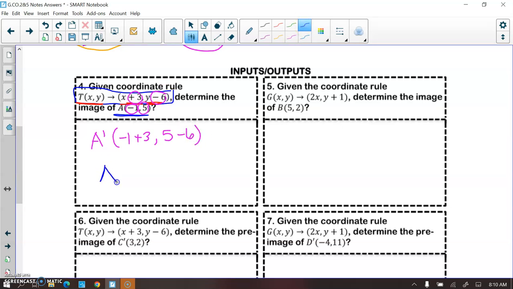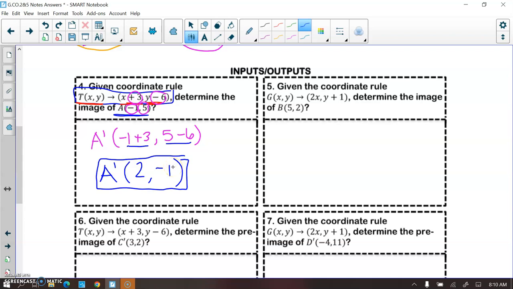And so I get A prime. Now I'm just going to simplify. -1 plus 3 is a 2, comma, 5 minus 6 is a -1. So my new point on the graph after I transformed point A would give me point A prime, which is at (2, -1).